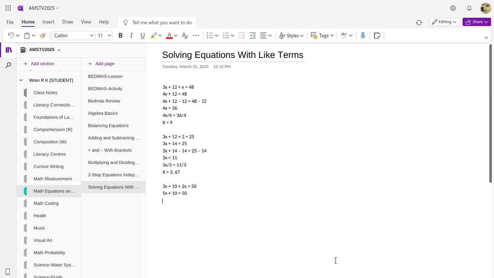Okay, what do I deal with? The 10. How? Subtract. If I subtract it from one side, what do I have to do to the other? Subtract. Good job.